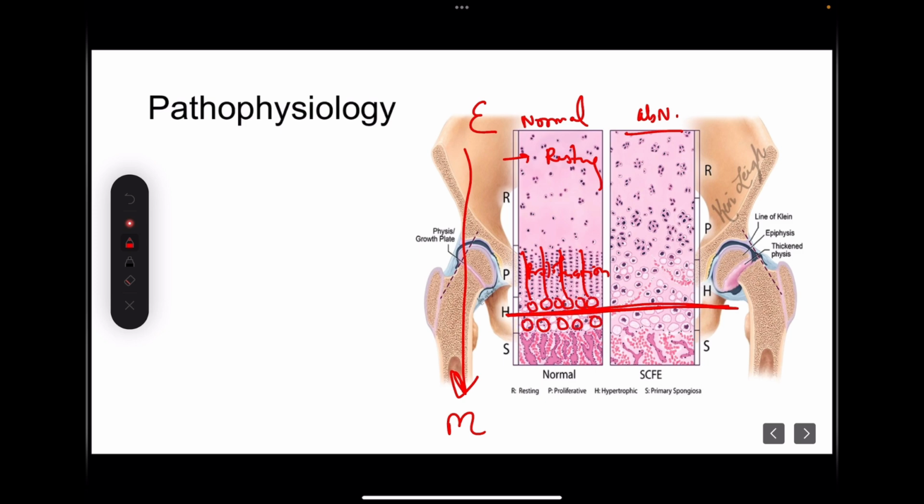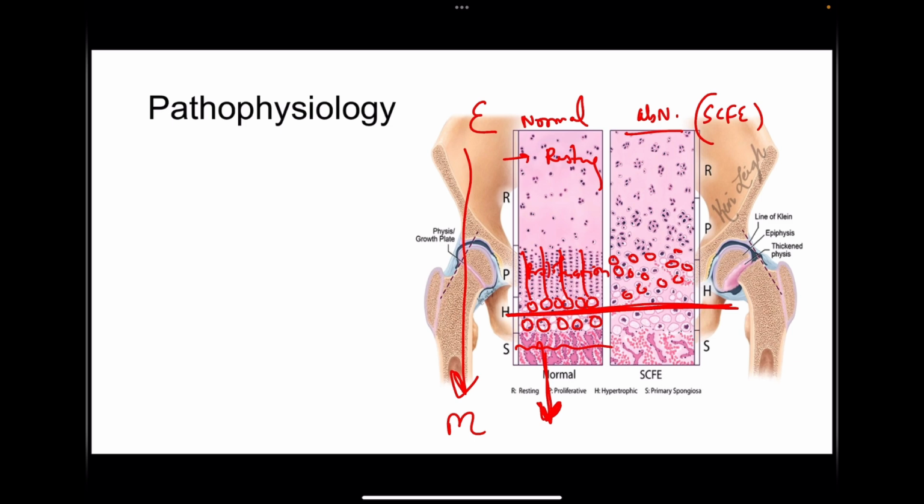This is the region where the slip occurs. Then the zone of provisional calcification, and here the mature bone is laid down towards the metaphysis. But in the abnormal, that is the SCFE condition, the arrangement of the cells in the proliferation as well as hypertrophy zone is distorted. This is what makes it different from the normal. So the slip will happen in the zone of hypertrophy. This is how the pathophysiology of SCFE looks on histopathological examination.